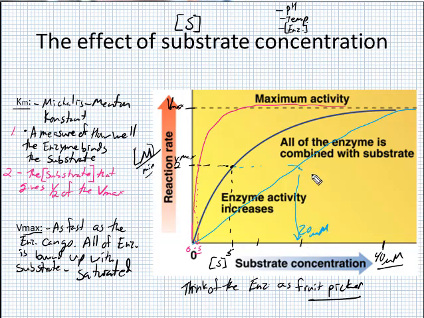This blue one, this enzyme binds weaker, or with less affinity, and it has a higher Km. Another thing to mention about Kms: the lower the Km, the lower the Michaelis-Menten constant, the tighter the enzyme binds the substrate.